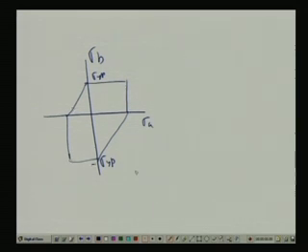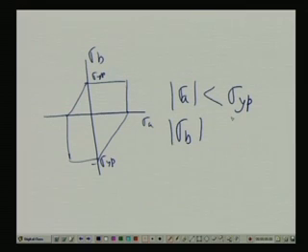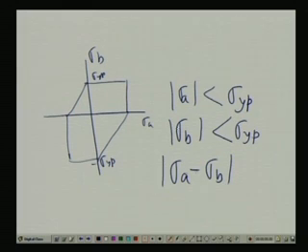We got equations of the form: modulus of sigma A for a safe design, modulus of sigma B for a safe design, and sigma A minus sigma B for a safe design again come out to be the yield point.